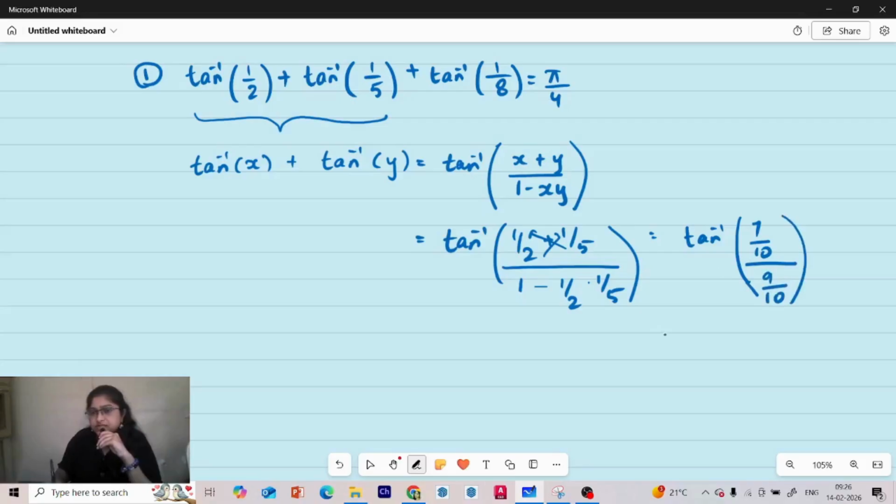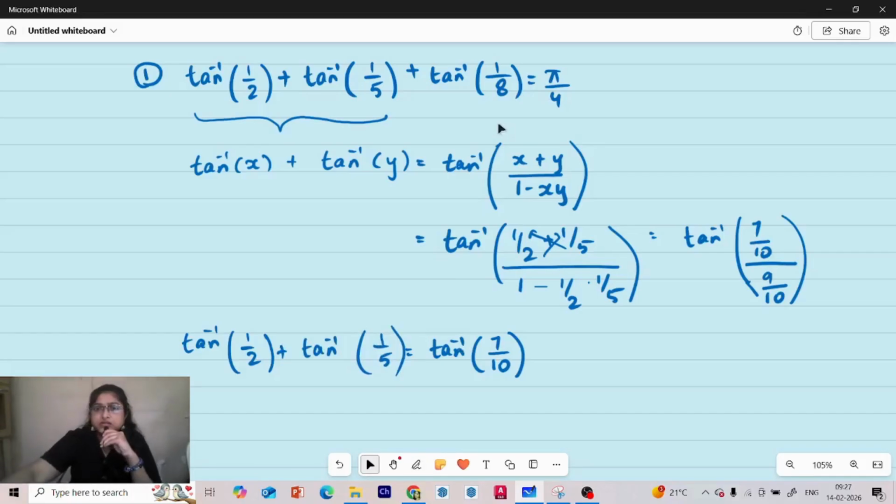So 10 is gone and we are left with tan inverse of 7 by 9. Sorry, it's not 7 by 10, it's 7 by 9: the 10 cancels and 9 remains.